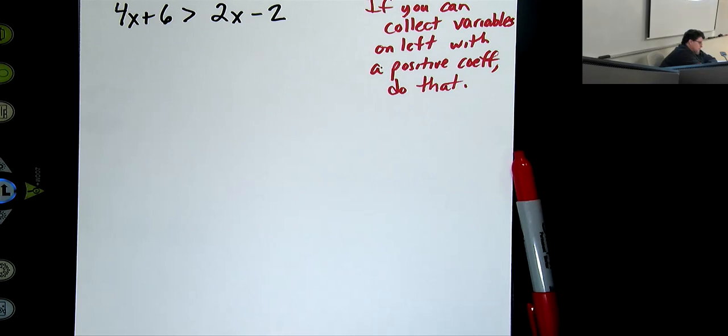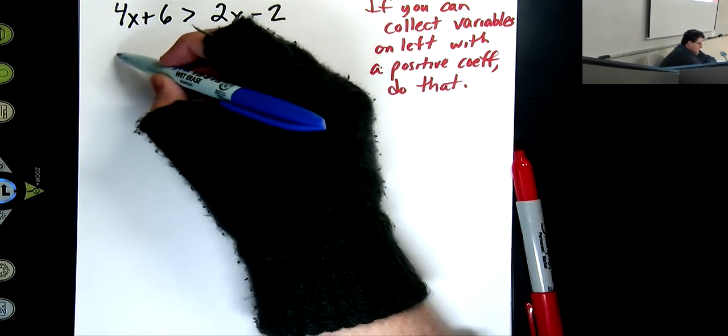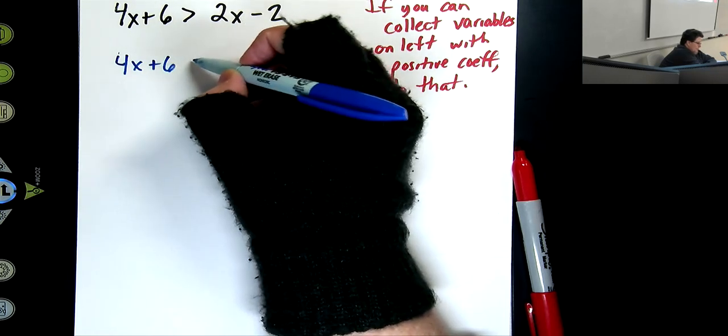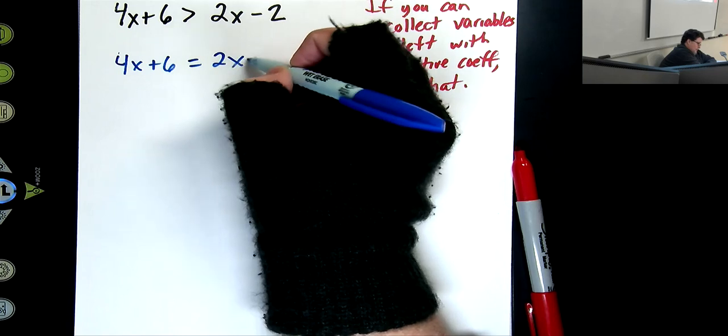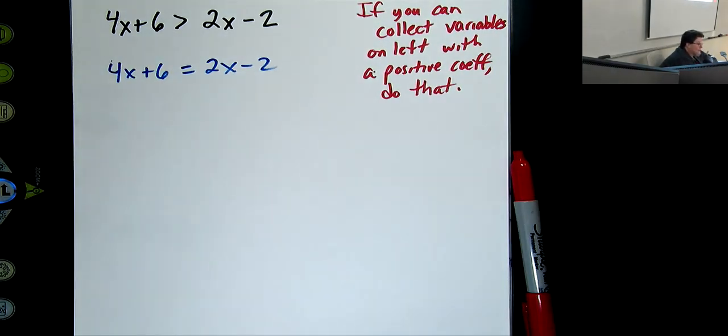So I will subtract 2x. What I'm going to effectively do is work with this just like 4x plus 6 equals 2x minus 2. I'm only doing it this way once.